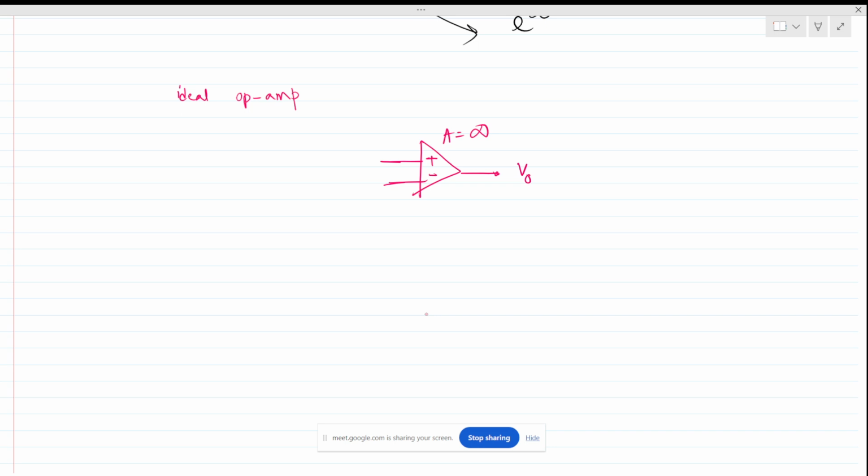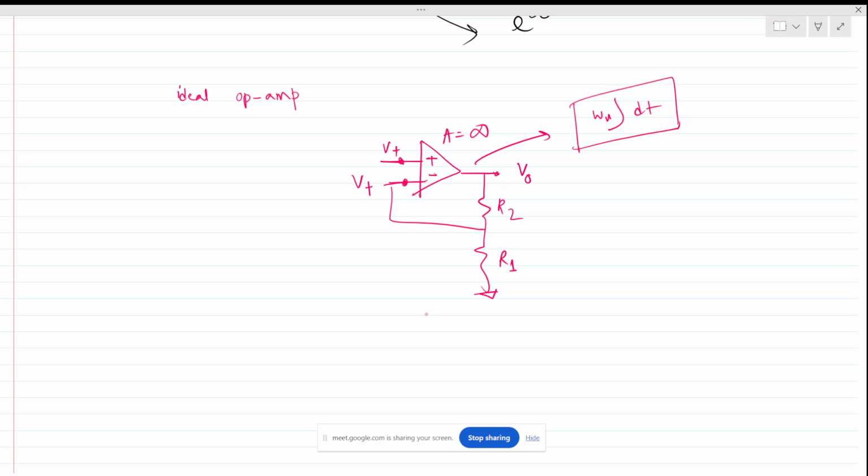If we do negative feedback, then these two terminals are almost equal. This is called the virtual short concept. And we have also seen that this op amp is nothing but an integrator.